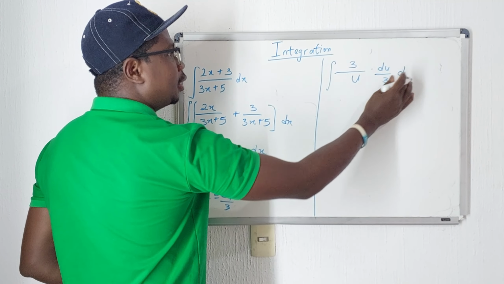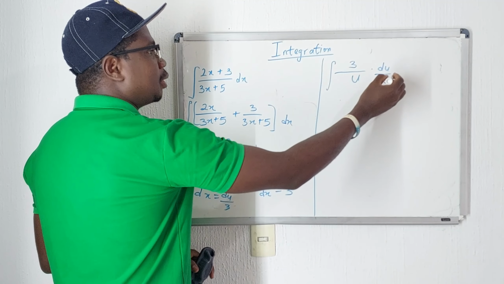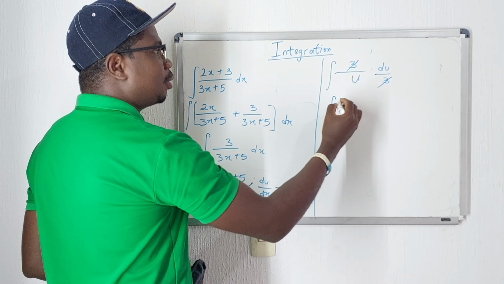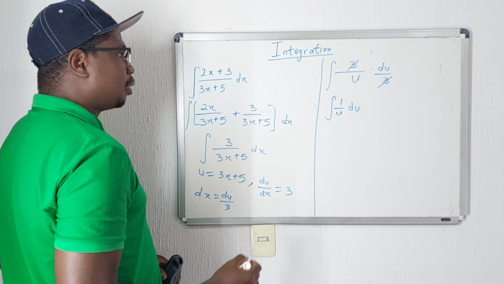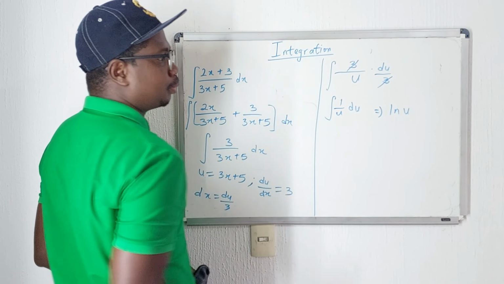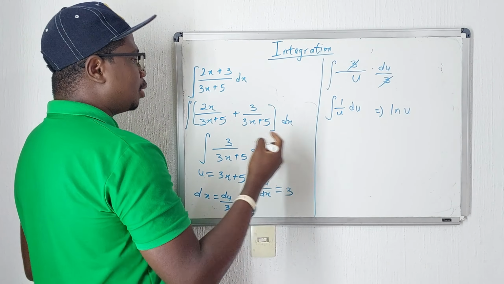Then it's already with respect to u. So what I can just do, I can just take out this 3. I'm going to be left with the integral of what? 1 over u du. If I integrate this, I'm going to have ln u. Remember, I've not finished integrating, so I still have this one.